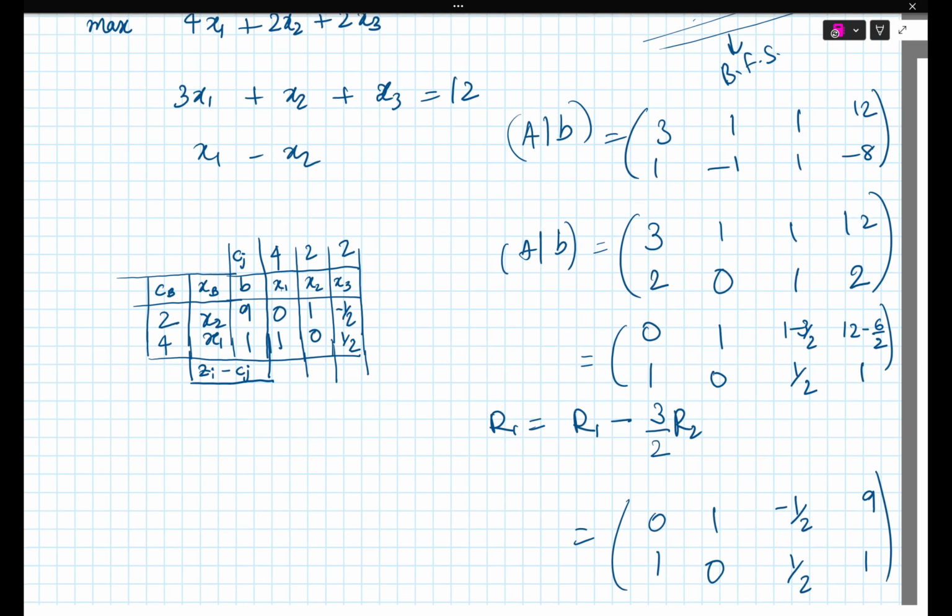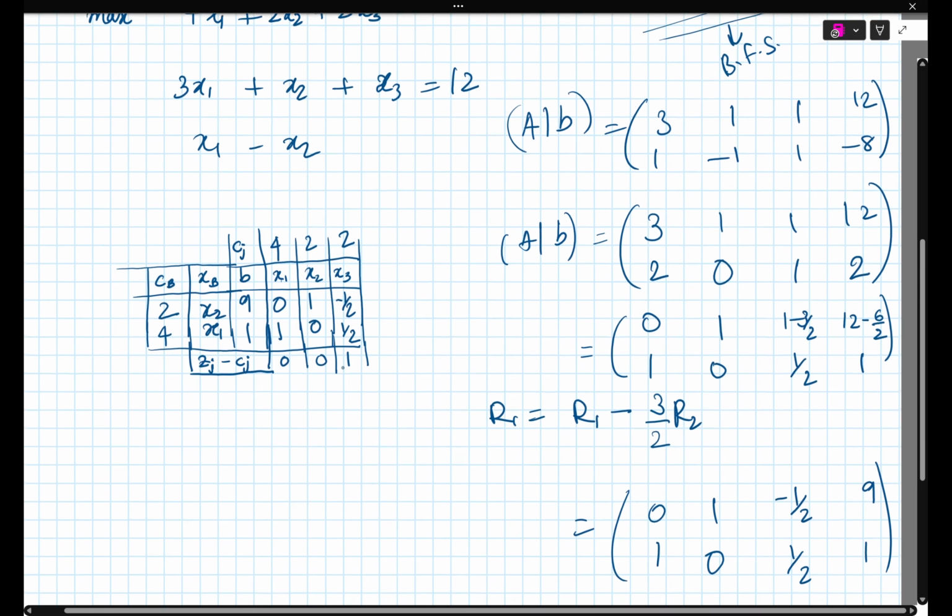So zj minus cj will be 4 minus 4 is 0, 2 minus 2 is 0, and this is 2 plus 1, 3 minus 2. That is what, right? 2 minus 1 is 1, minus 2 is minus 1.